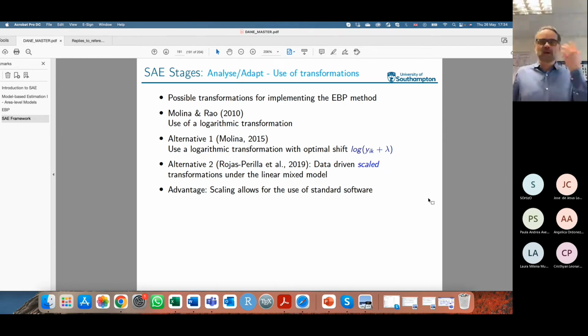So we described different ways of using transformations. I'm not going to go into detail here because we already covered that. You can use a standard logarithmic transformation, a logarithmic transformation with an optimal shift parameter, or a data-driven scale transformation. Because of the scaling, you can still use standard software.